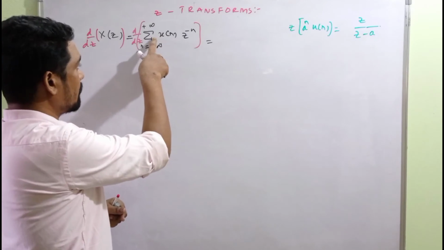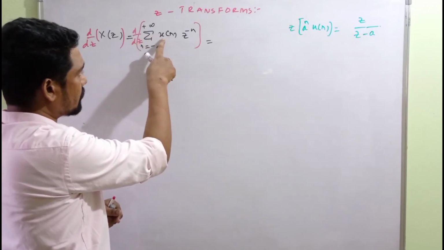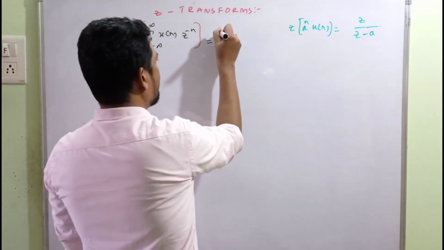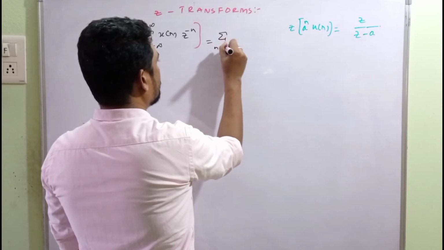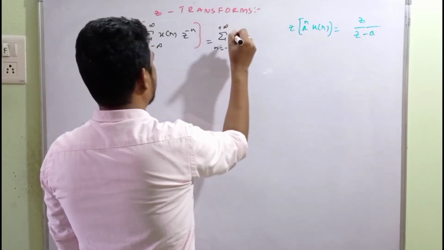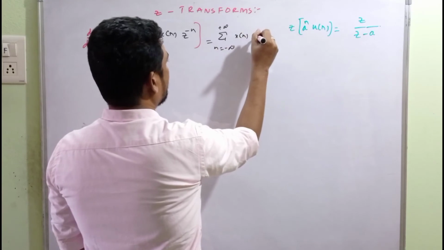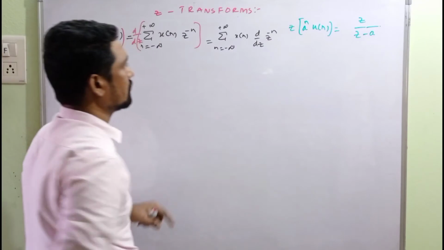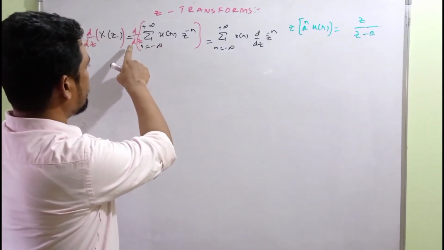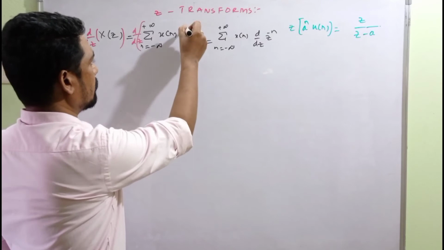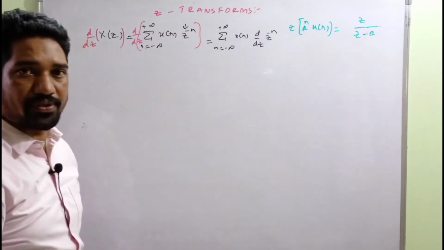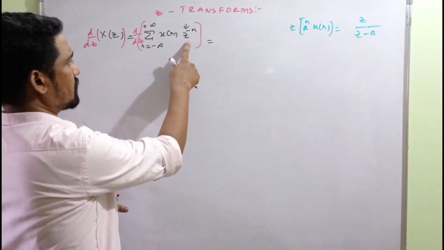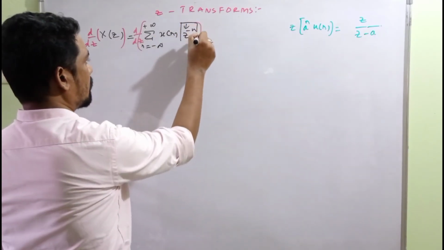So differentiating x of n is not valid, it's invalid. The small change over here: summation n equal to minus infinity to plus infinity, x of n, d by dz of z raised to minus n, because the differentiation will be applicable to this term over here, with respect to z, isn't it?